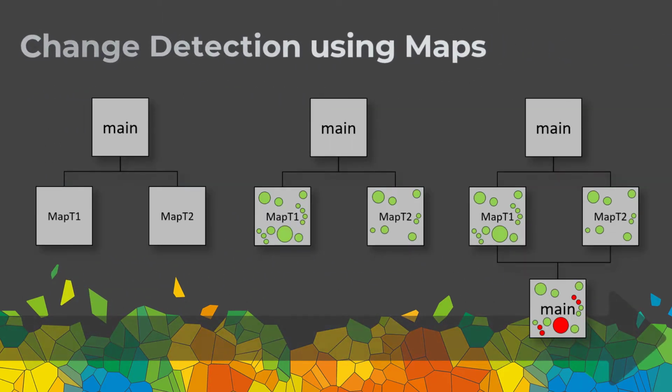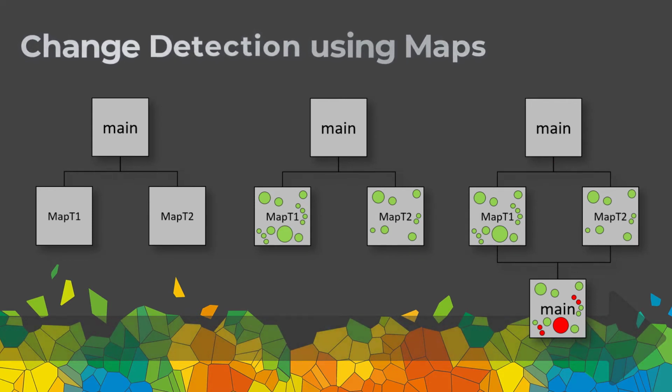In the exercise that I'm going to show you now, we are actually looking at the second bullet point that I showed you, these different segmentations in different maps, and we're also going to have different data sets in different maps. So what we want to do is a change detection using maps. We're going to have two time steps, time step 1 and time step 2.